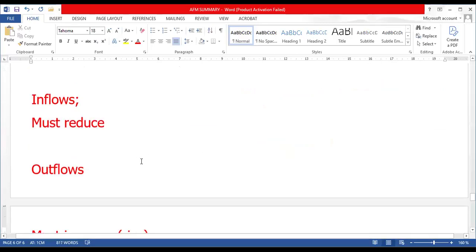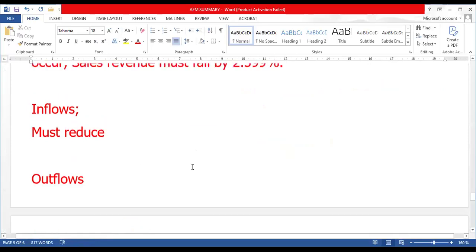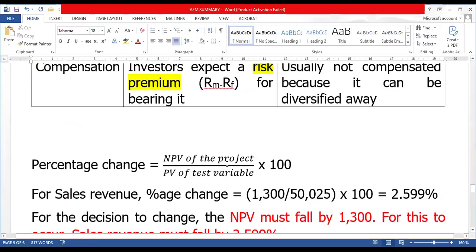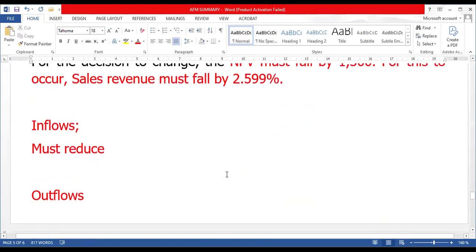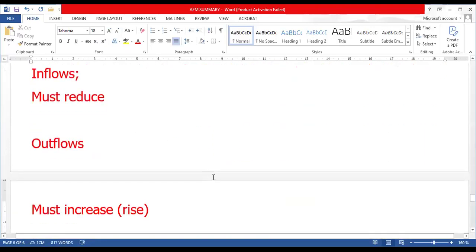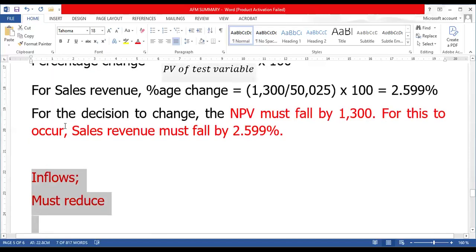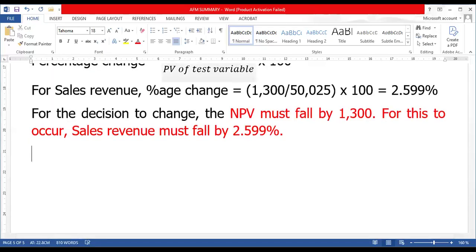The costs must increase for NPV to reduce. So you need to just know those kinds of words.